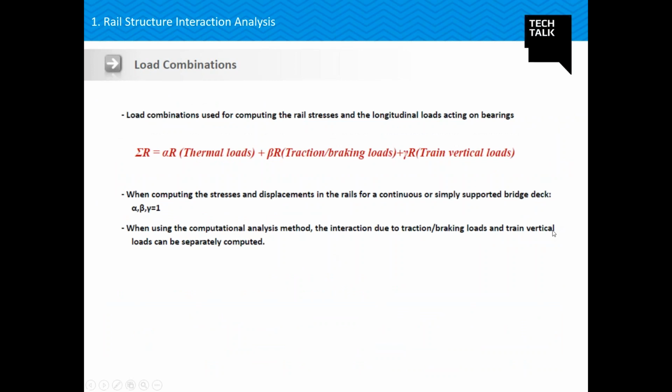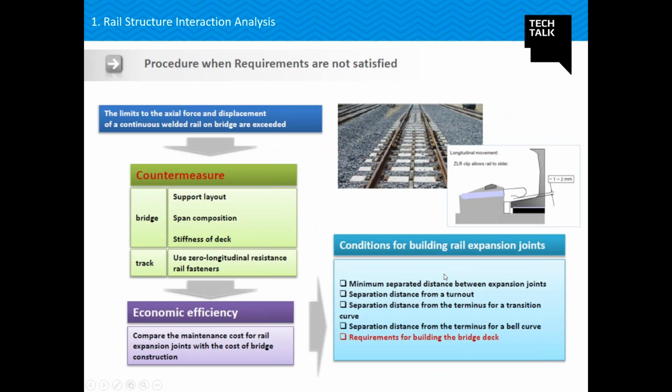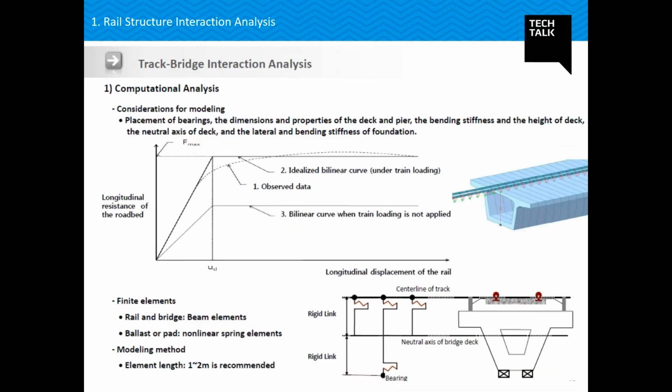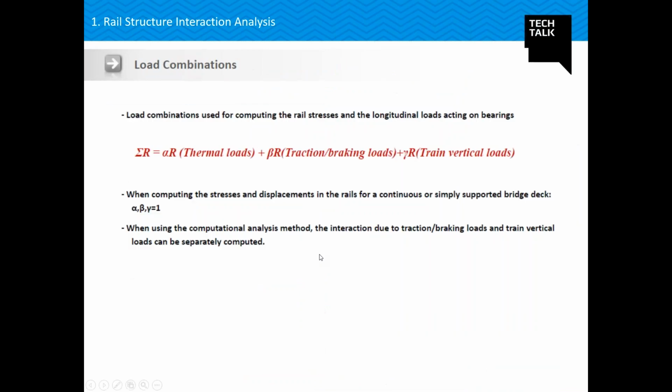Before we come to this slide, I will come back to that slide. First, I need to tell you something about the ballast. As you might know, rail structure interaction is not a linear analysis, it is a non-linear analysis.